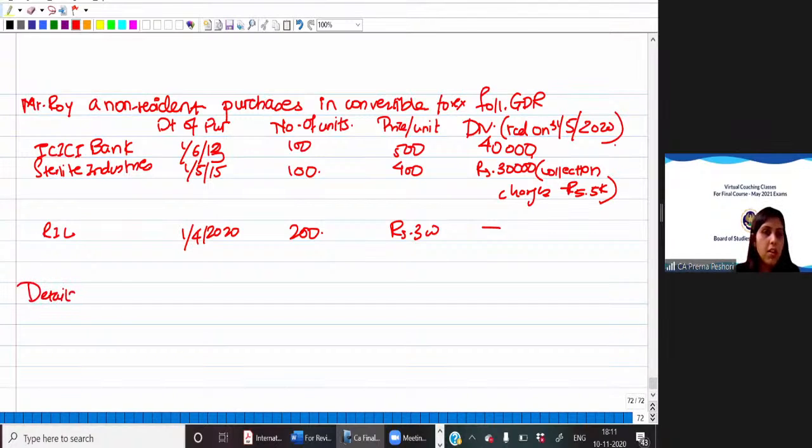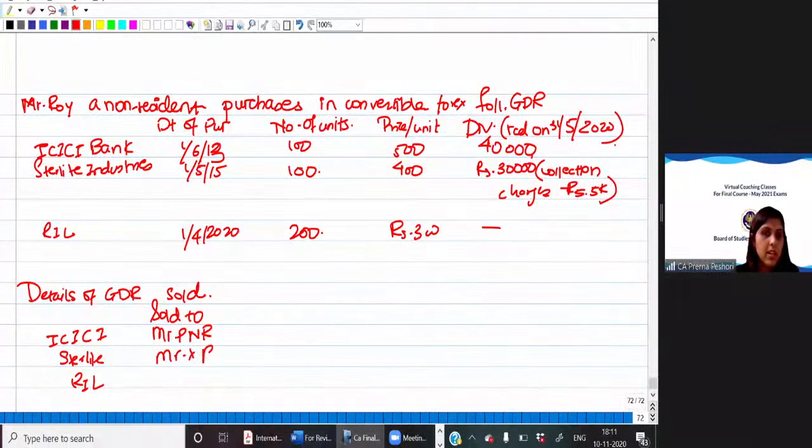Details of GDR sold. ICICI, Sterlite and Reliance. Sold to Mr. P, non-resident, Mr. X, resident, Mr. S, resident.